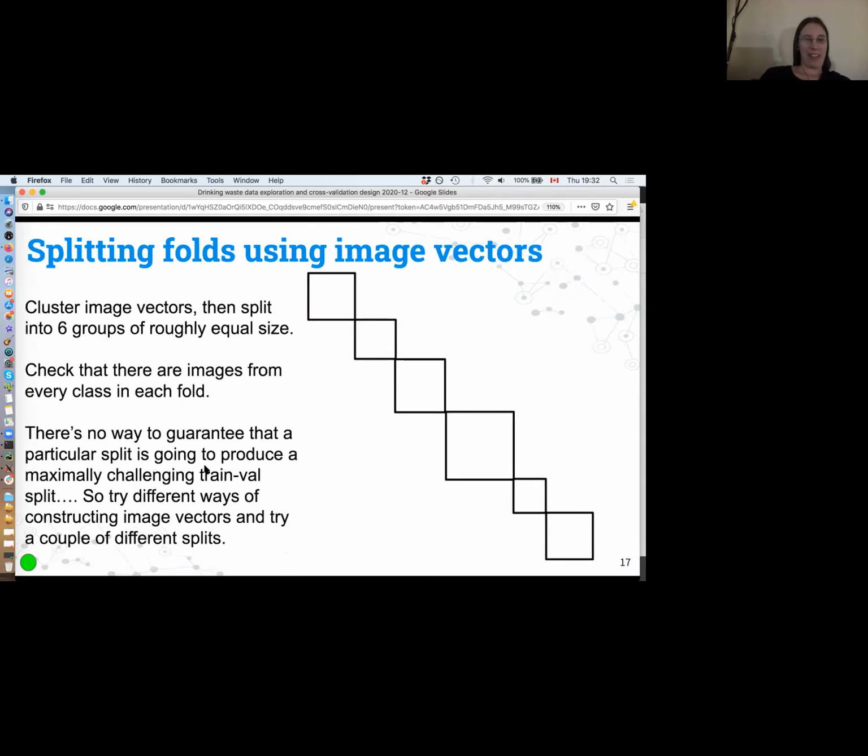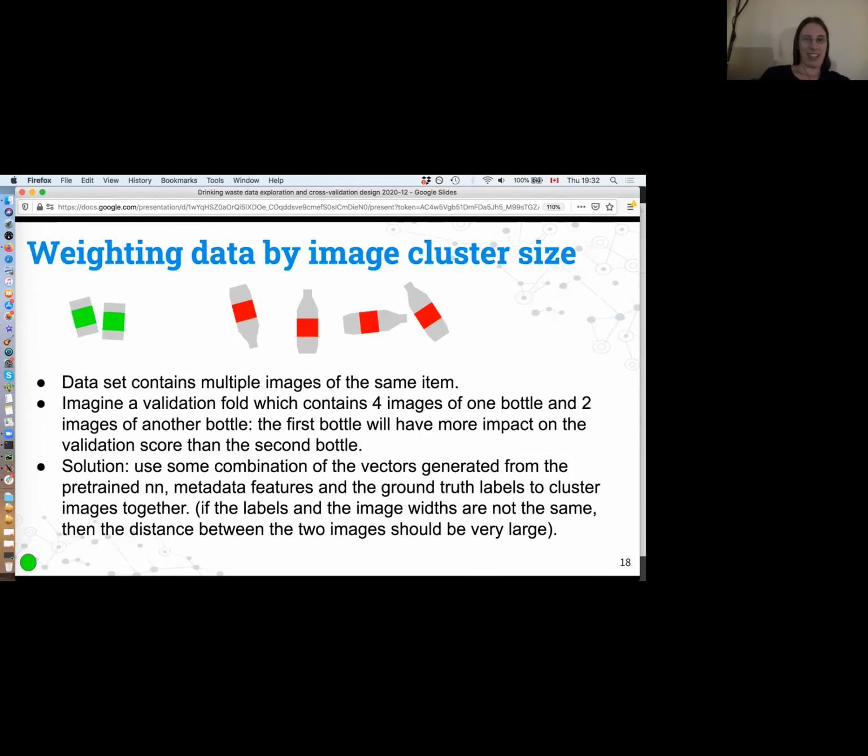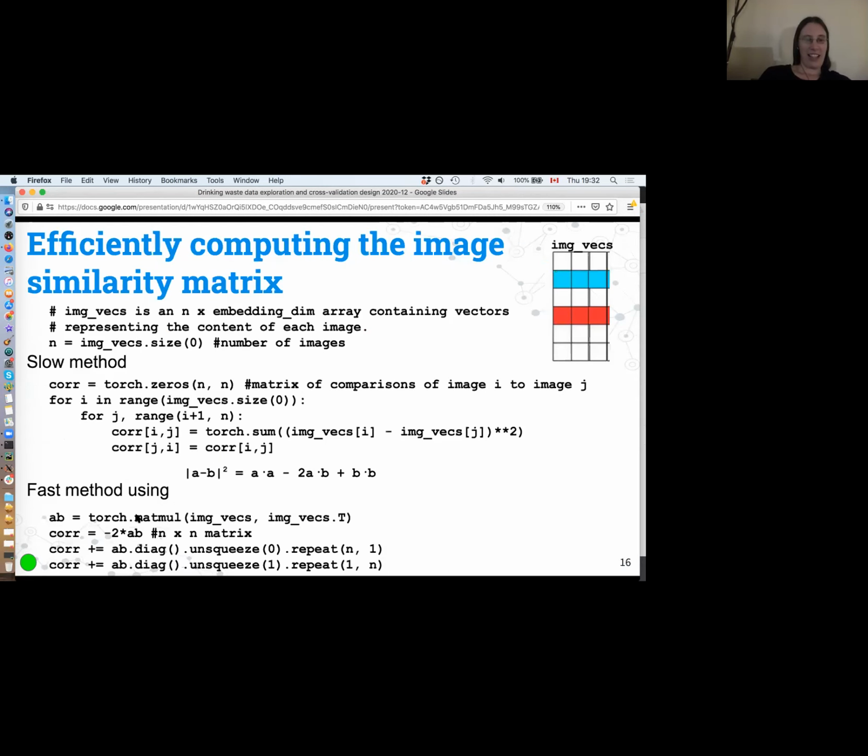So the fast method, I guess I've written it out below, uses the torch matrix multiplication mechanism. I'm calculating the magnitude of the difference between vector A minus vector B, which is the same thing as vector A dot A minus 2A dot B plus B dot B. And there's a smart way to do this.